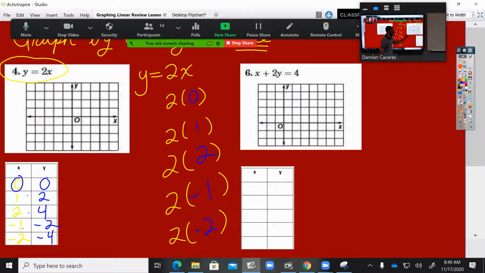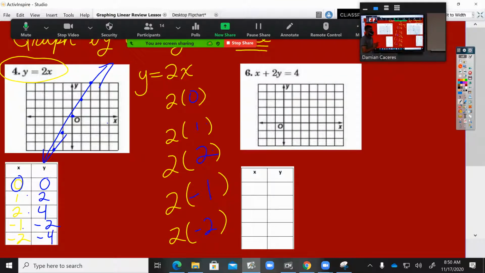Now all you have to do is plot those points: 0, 0; 1, 2; 2, 4; negative 1, negative 2; negative 2, negative 4. All those points create a line, so all the way through your graph, just go through your points. And that's how you graph them using a table.